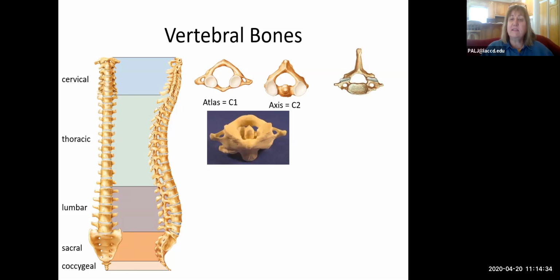And the axis, the second cervical vertebra, has a tooth-like structure which extends superiorly into the vertebral foramen of the atlas. That allows you to turn your head and say no, whereas the articulation between the atlas and the occipital condyle of the skull allows you to nod your head yes.